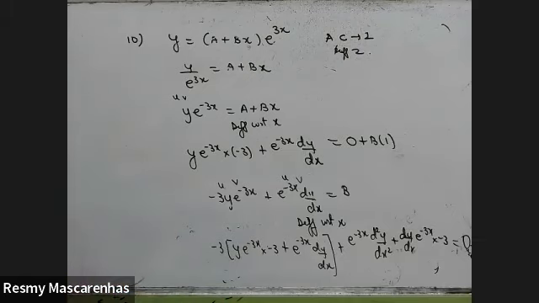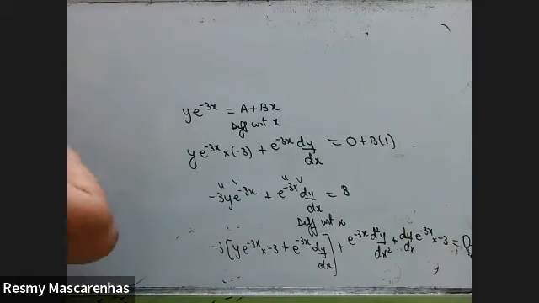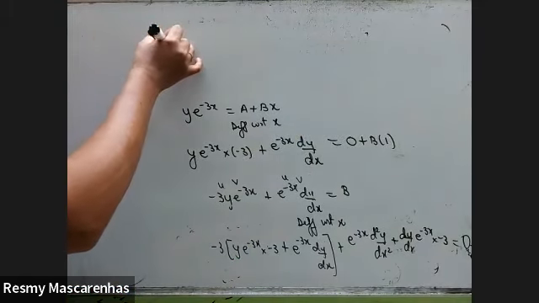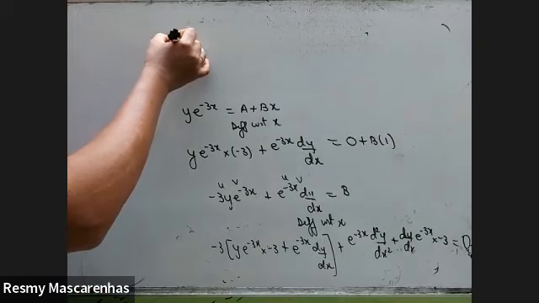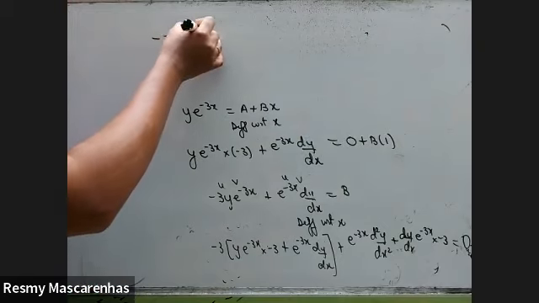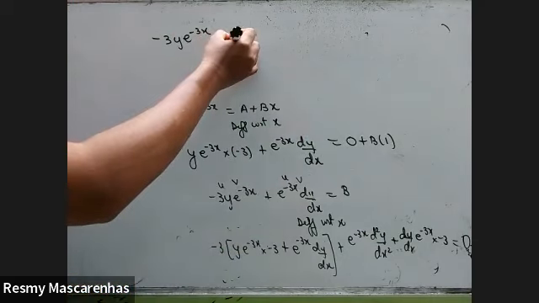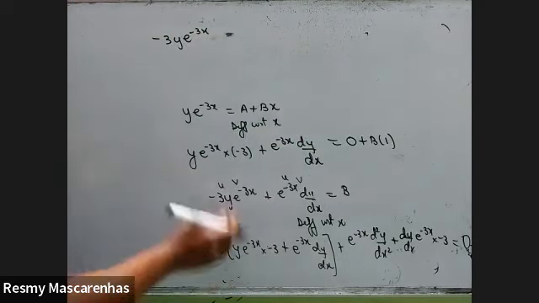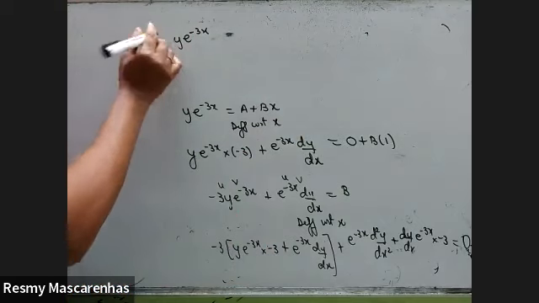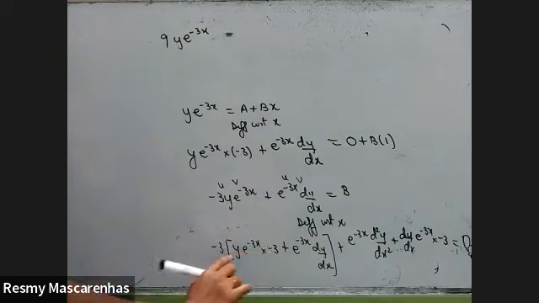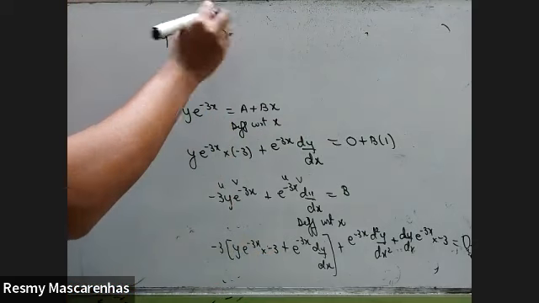Multiply this minus 3 inside. Minus into minus is plus. And this will become 9. Minus 3 into minus 3 is plus 9.